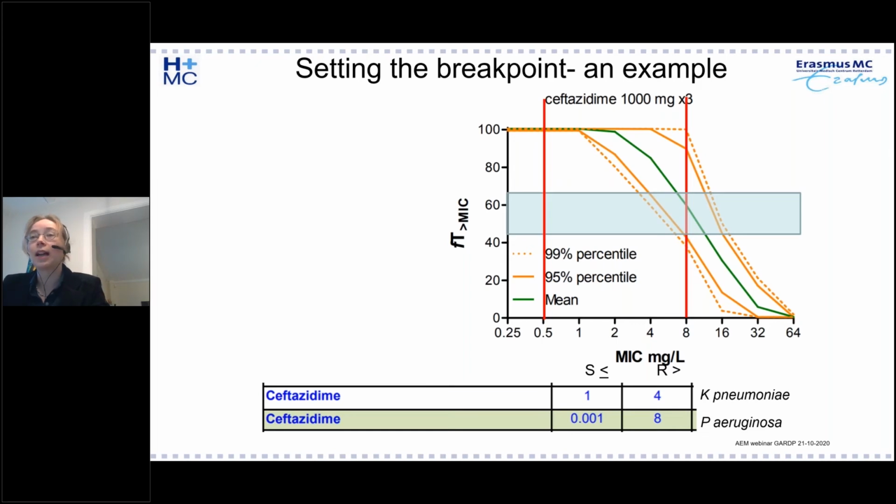So it means that either you have to give 3 times 2 grams of ceftazidime, or you have to treat a patient in an area with a high exposure, for example, the urinary tract. If it only needs to be in the bladder, you probably have a high exposure. But you need to think about it there. The normal standard dose is not good enough to treat a Pseudomonas here.